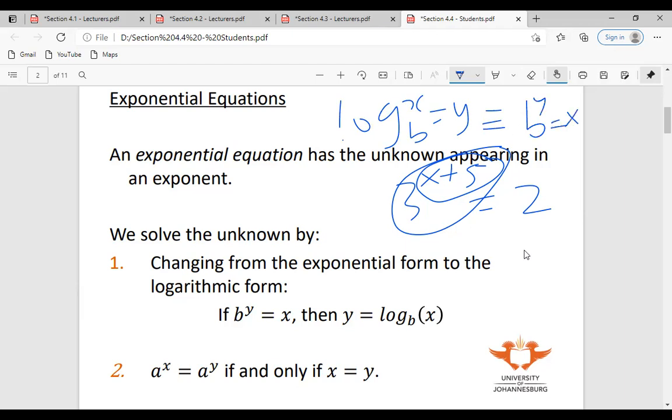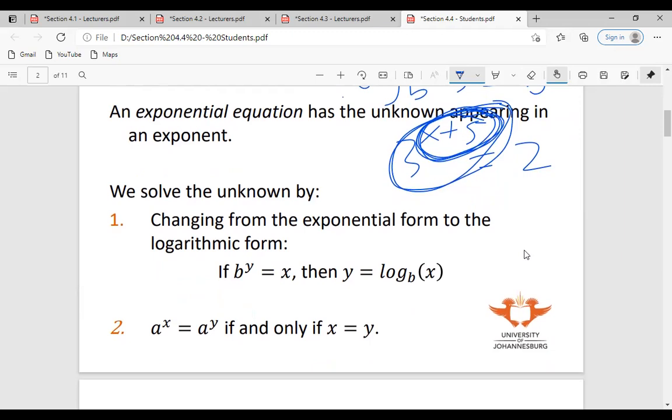Our intention is to rewrite this exponential expression as an equivalent log expression in which the expression that contains our x is no longer in the exponent. Every exponential equation you will ever get to solve will be in one of two forms.